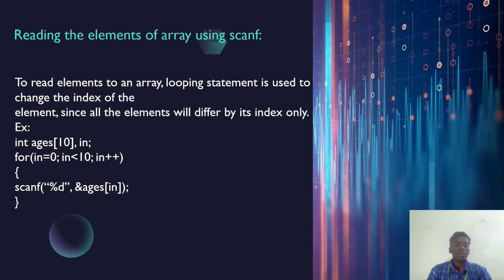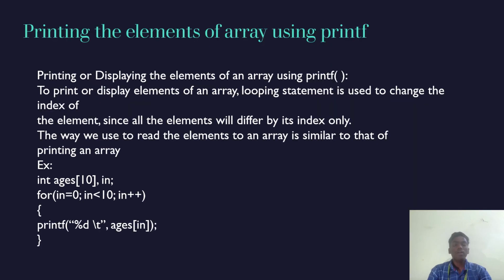In the scanf, you need to mention the address of that array element, and to print the elements of an array using printf, we also require one more for loop and the printf function. In the printf function you have to mention the array name and pass the index value.